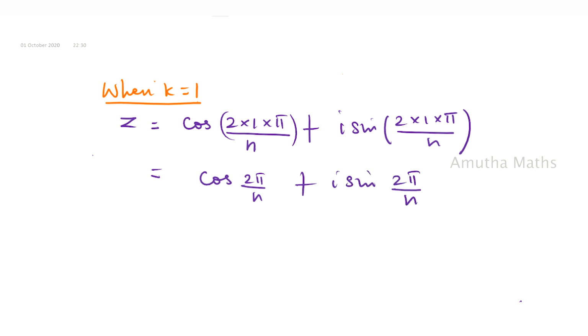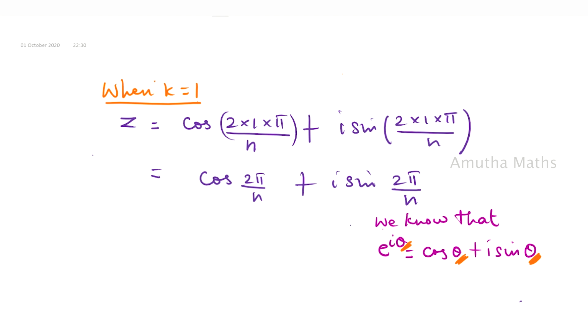Okay. Now we know that e power i theta is equal to cos theta plus i sin theta. So here, I கிட்ட என்ன ஒட்டி இருக்கோ, என்ன angle? Theta.